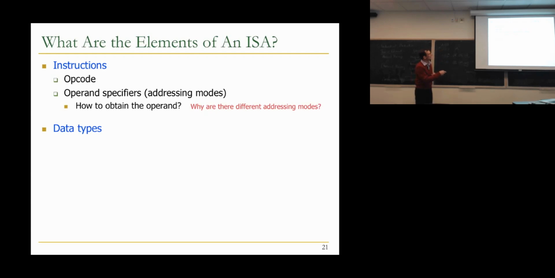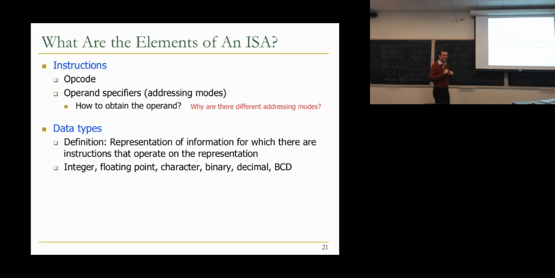Data types. Let me cover data types first. You probably covered this in 213, but a data type is a representation of information for which there are operate instructions that operate on that representation. For example, integer, floating point, character, binary, decimal, or binary coded decimal. These are all different data types.